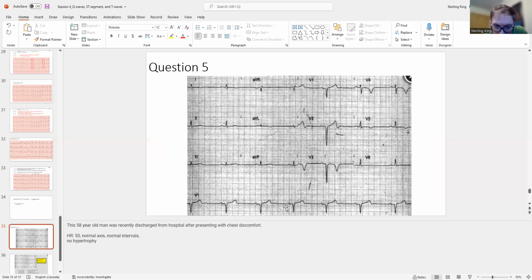Rhythm. Looks like a sinus rhythm. Branch blocks. QRS. STT. Q. Then inferior.